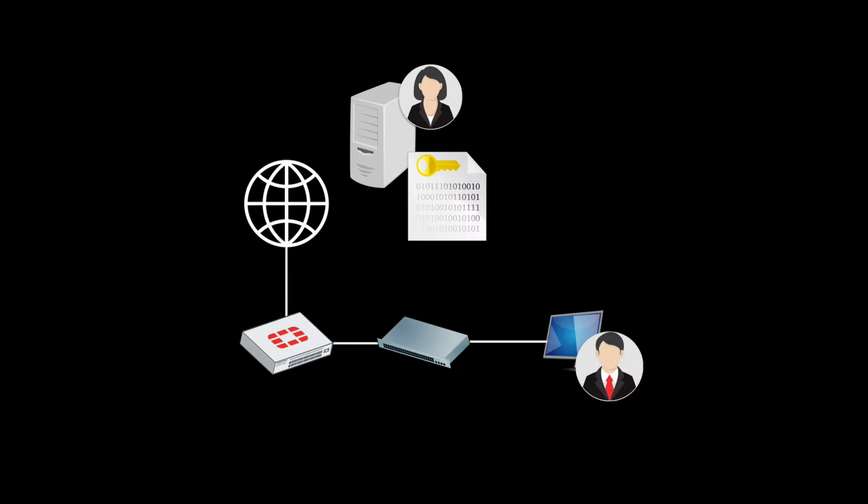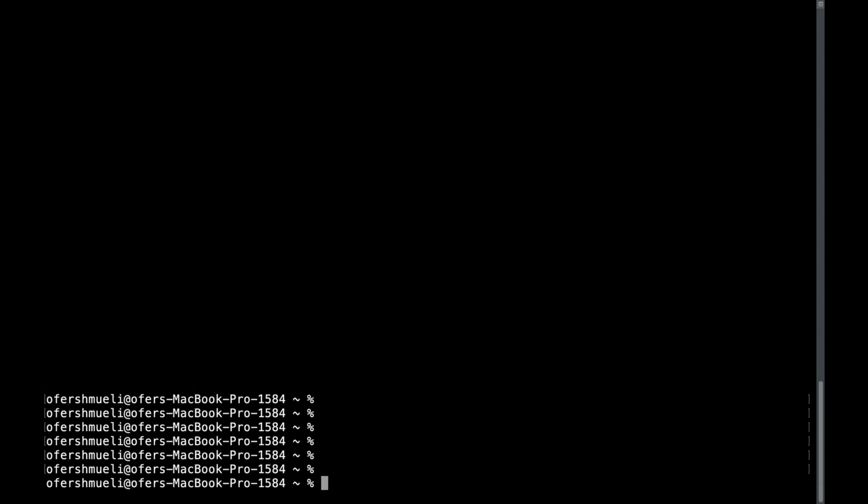When Eve encrypted her message, she actually used symmetric encryption, and the key that was used by the algorithm was known also to Bob. Let's just take a look at the terminal, make it bigger, and generate a random key.